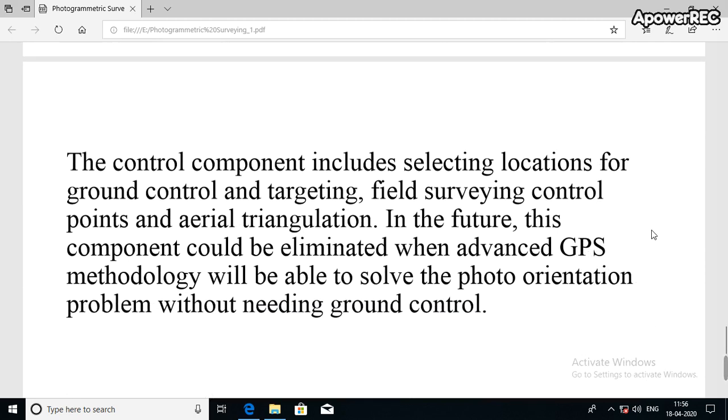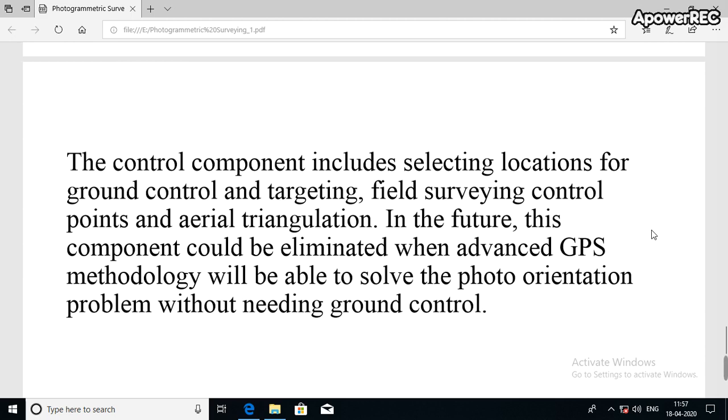The second step is the control component, which includes selecting locations for ground control and targeting, some aerial triangulation, as well as field surveying of control points. In future, this component could be eliminated and advanced GPS methodology will be available to solve the photo orientation problem.